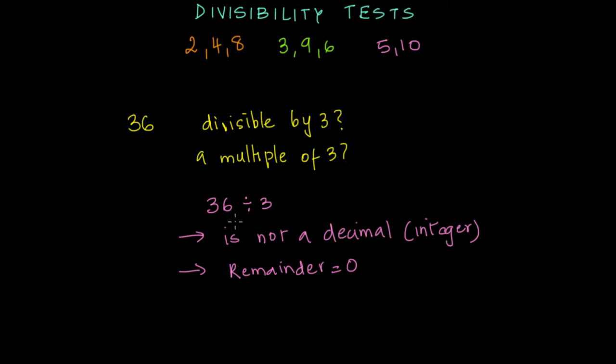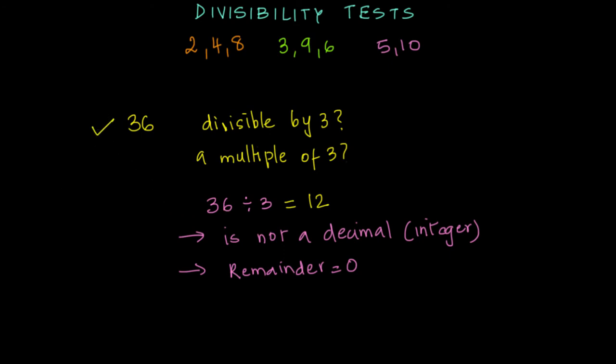3. So let's see, when I do 36 divided by 3, I get an answer or a quotient of 12. And 12 is not a decimal, it's an integer. And 36 divided by 3 gives me a remainder of 0, which means 36 is divisible by 3.